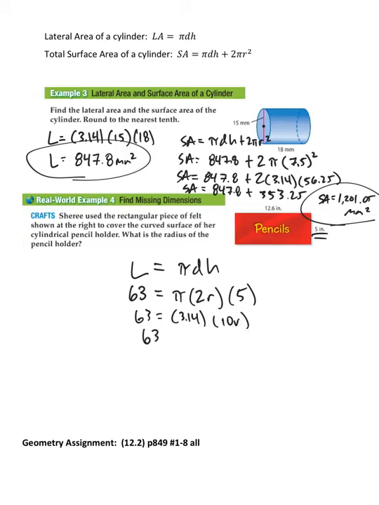So 63 equals 3.14 times 10r, which is 31.4r. Divide by 31.4. 63 divided by 31.4 is going to be equal to 2.01.